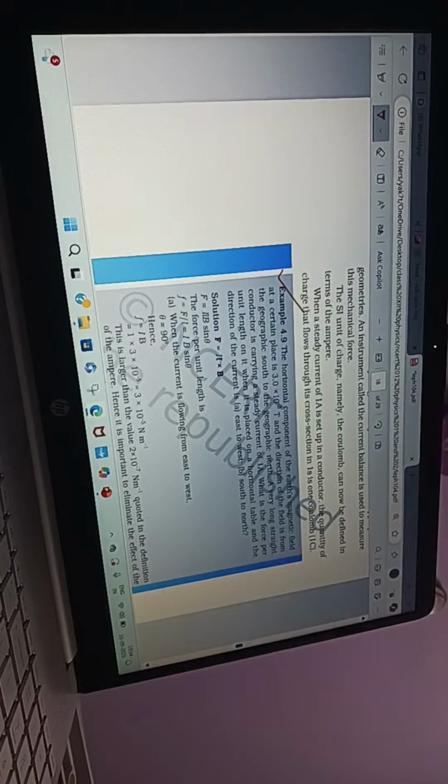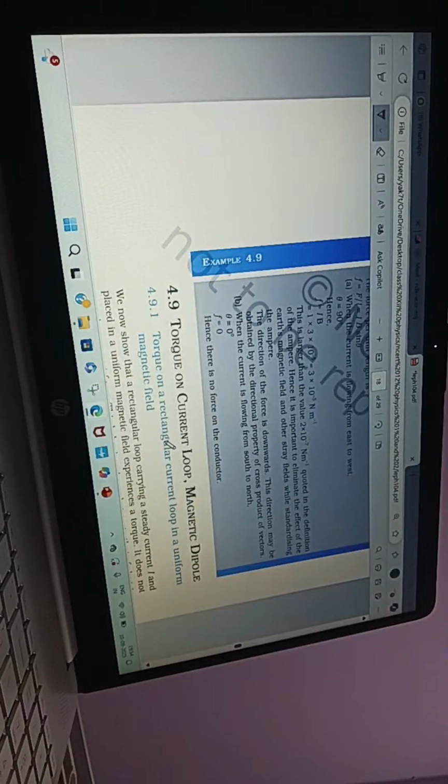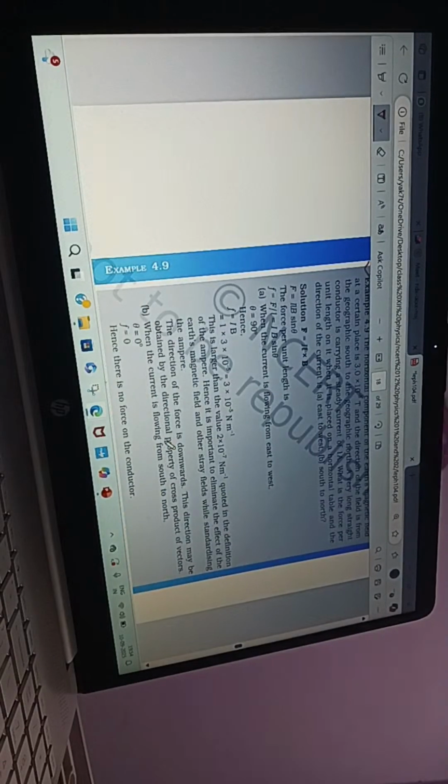Simple formula, force per unit length. You see the first answer. If you don't understand, I will tell you on the board.